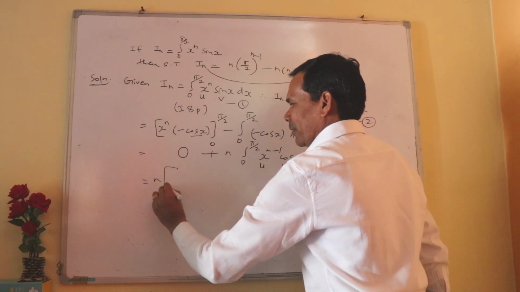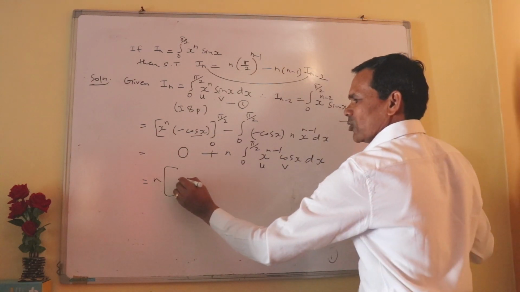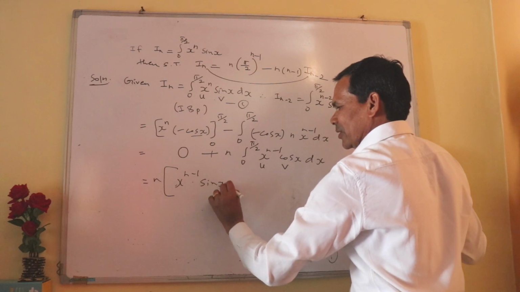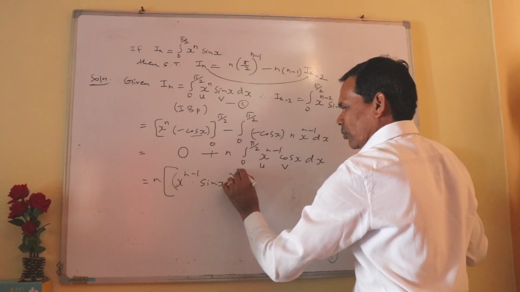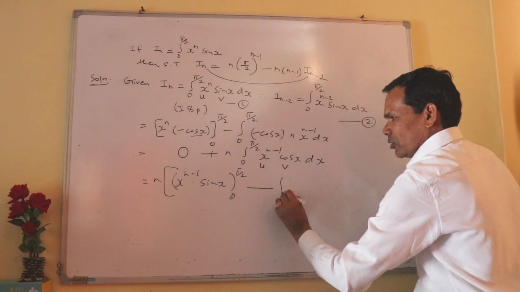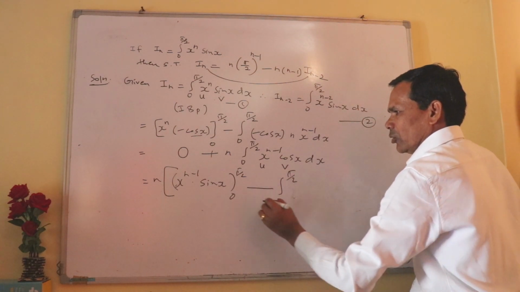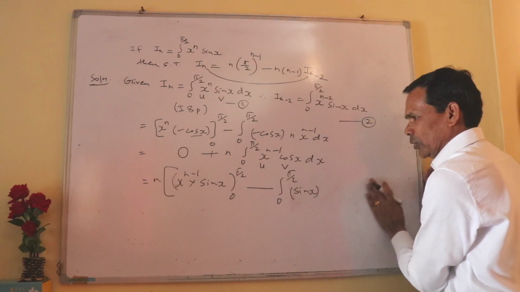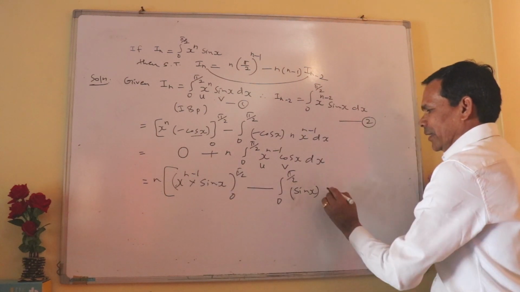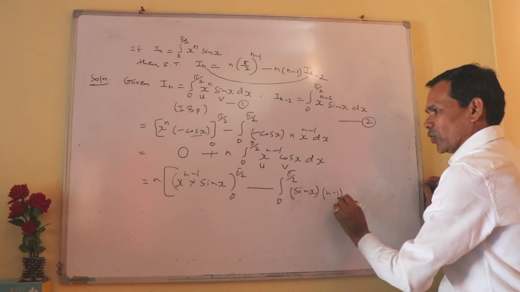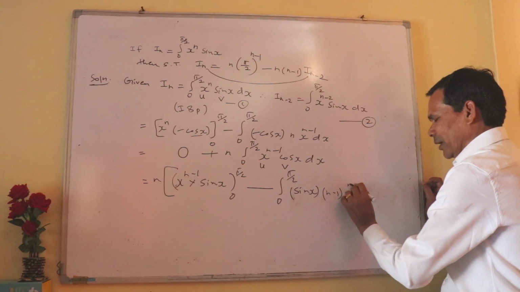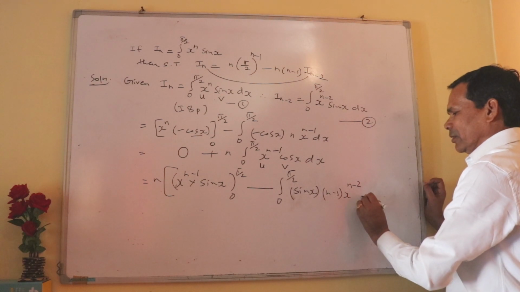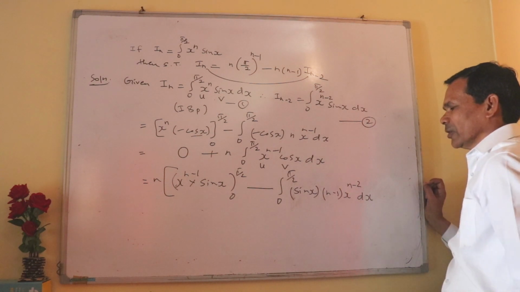So this is x raised to n minus 1 constant, times the integral of v, which is sin x, with limits 0 to pi by 2, minus the integral 0 to pi by 2 of sin x, the primitive, times the differentiation of x raised to n minus 1, which is n minus 1 x raised to n minus 2, with respect to x.